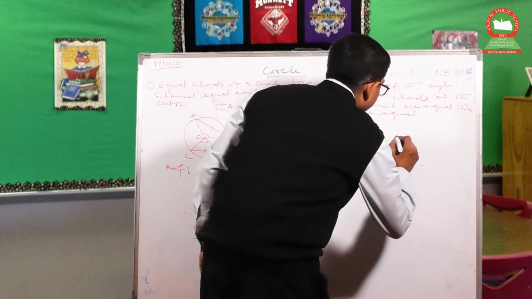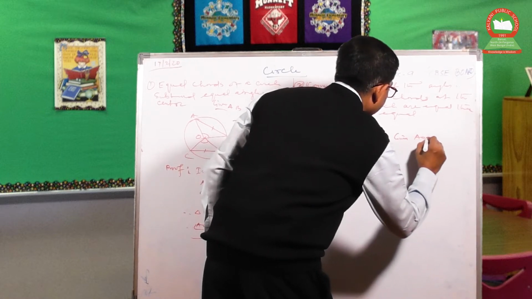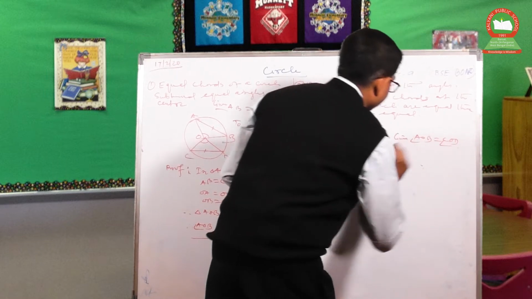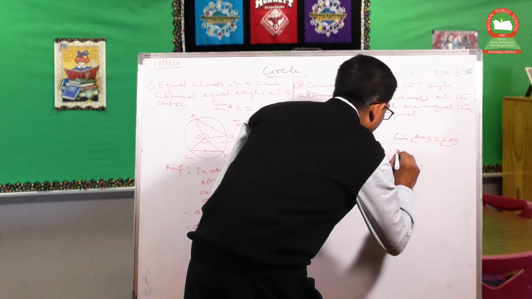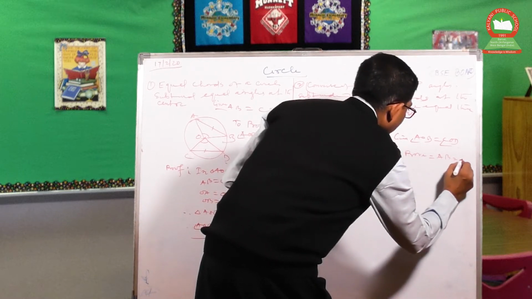Given is angle AOB equal to angle COD. We need to prove AB equal to CD.